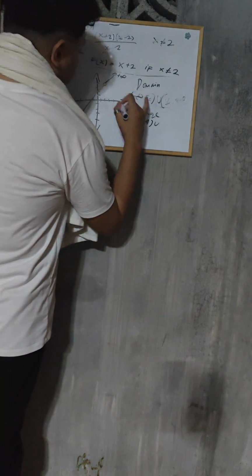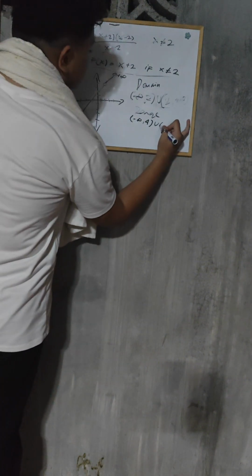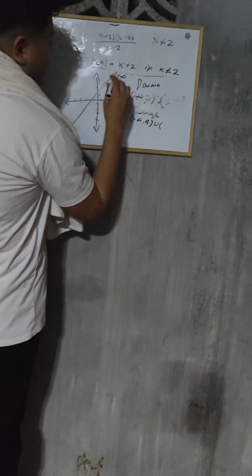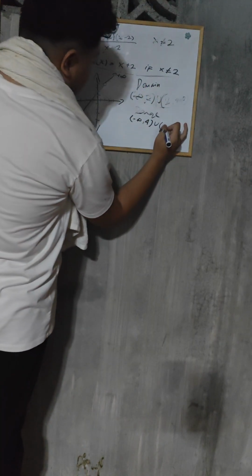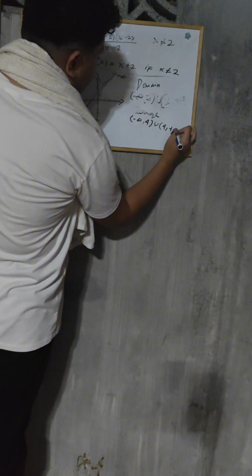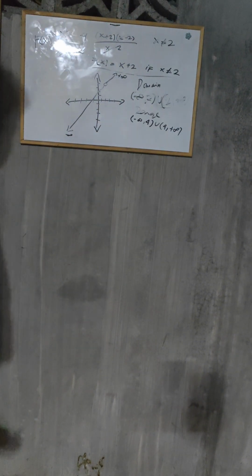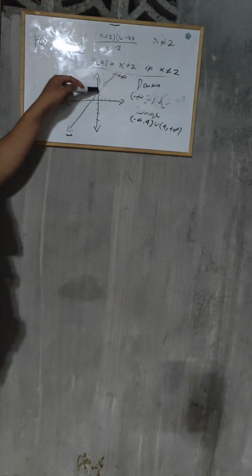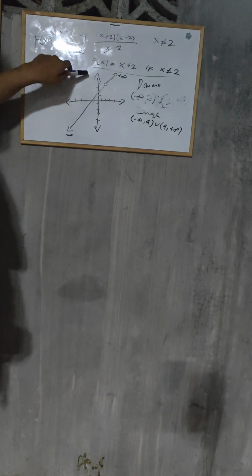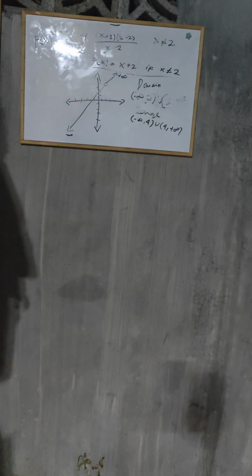And then union, because the line still continues from 4 all the way up to positive infinity. And then that's pretty much it. We graphed yung equation, and then we got the domain and range.